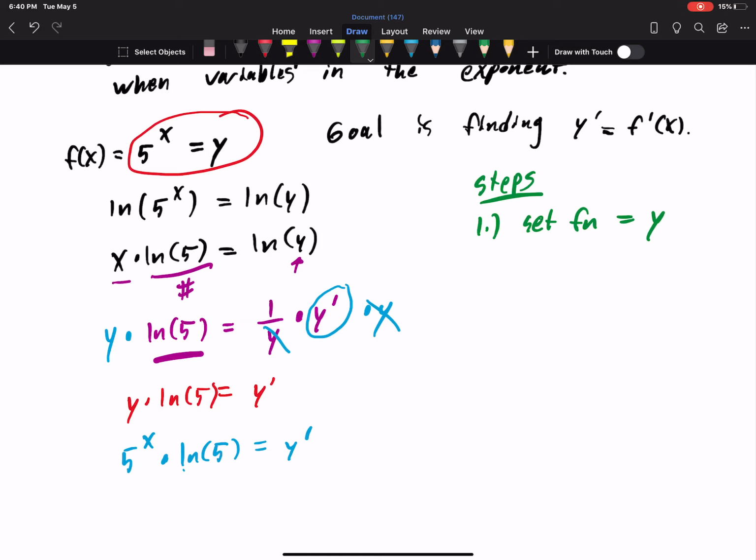Fn is my abbreviation for the word function. Our second step was take natural logs of both sides. The third step was derive both sides implicitly.